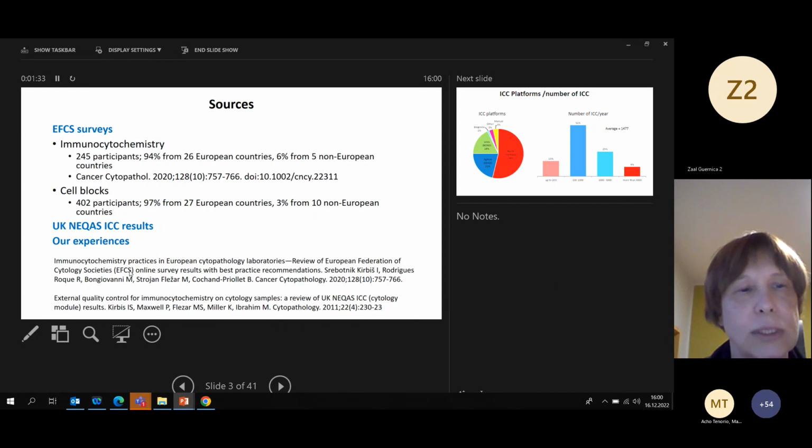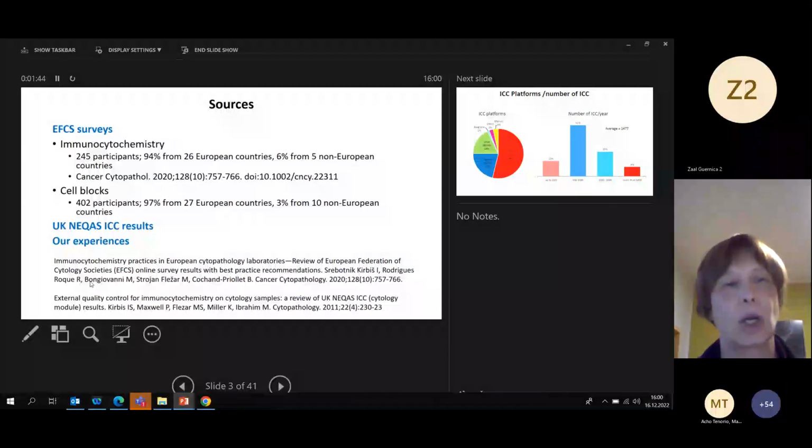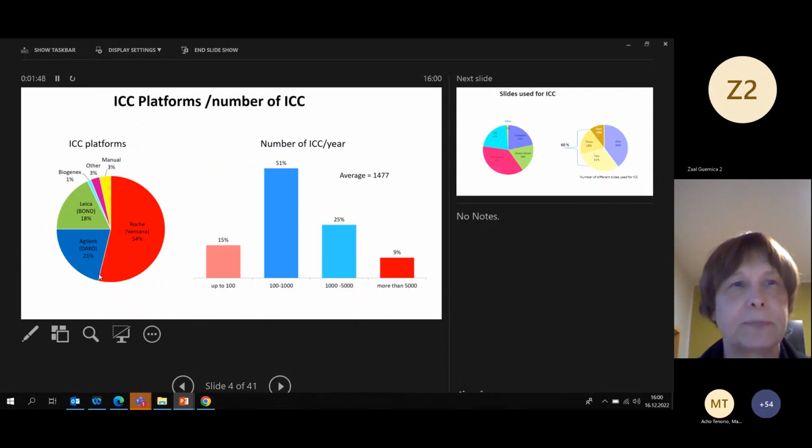I will also use some results from the external quality assessment of ICC on cytology samples, UK NEQAS, and I will also present some of our experiences.